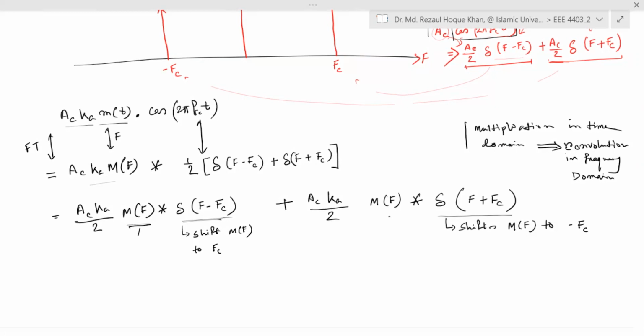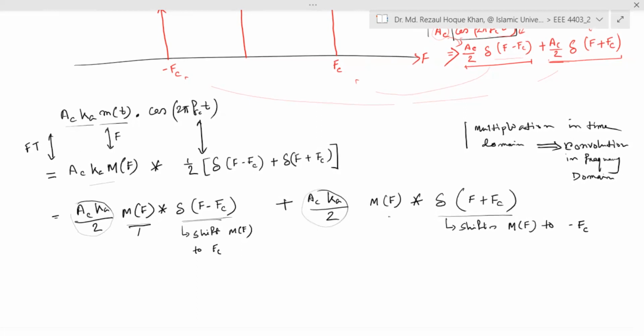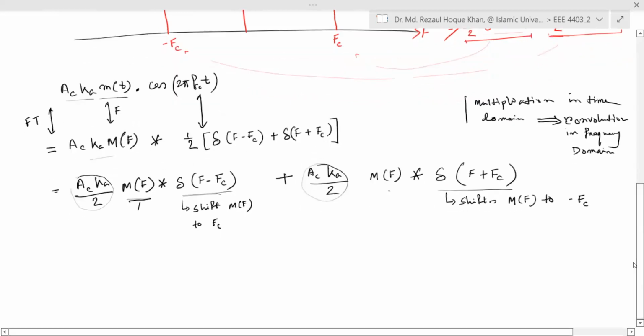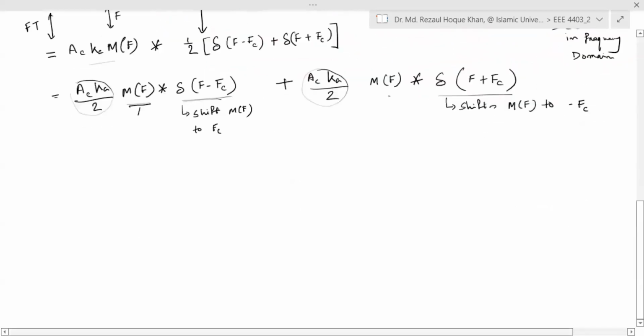From the properties of the delta function, this is simply shifting of M(f) either to Fc or minus Fc, where the extra portion in each case is nothing but the scaling factor. From the equation we can see that we are going to have two impulses.